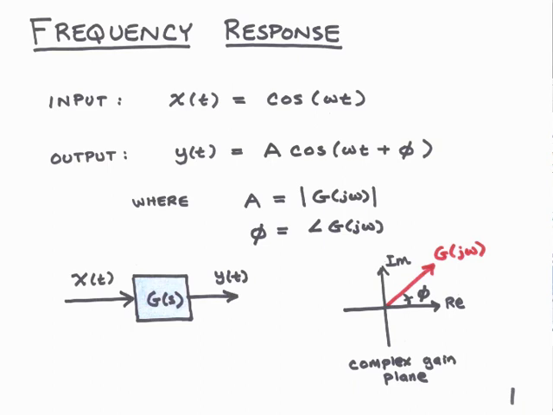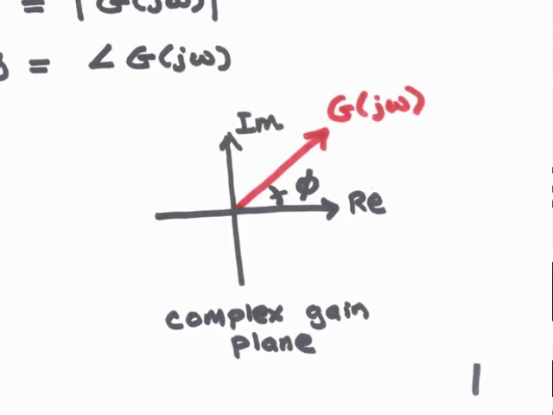One way to look at the complex gain G of j omega is to imagine it as a vector in a complex plane. In this case, the vector has length A and has an angle with respect to the real axis of phi. Now we should note that this complex plane is not the same as the complex plane that we refer to as the S-plane.